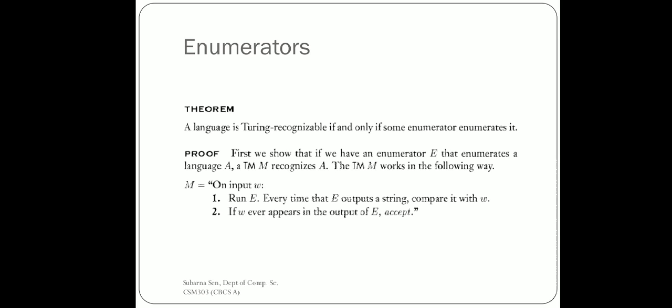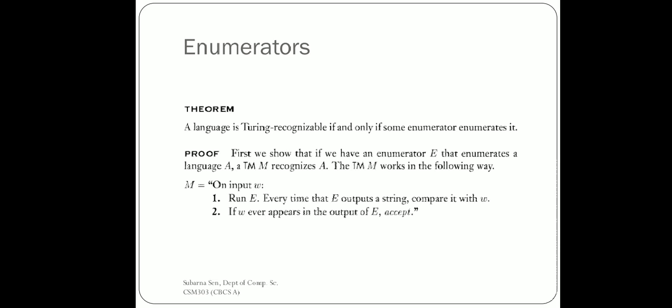So every time E outputs a string, compare it with W, right? The enumerator enumerates a string, and obviously it is going to be compared with the input string which my Turing machine is going to follow. Otherwise it will come up with different strings which my Turing machine is not going to accept. So it needs this comparison.